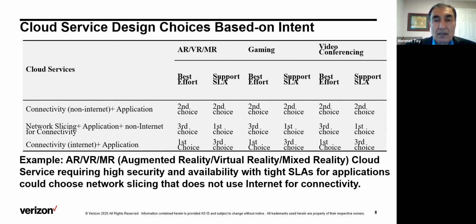So as a result, for AR, VR with high security, high availability from the previous slide, and tight SLAs, the choice for me is network slicing and the application with non-internet connectivity, the cloud service that I need to offer to my customer to satisfy the customer request.